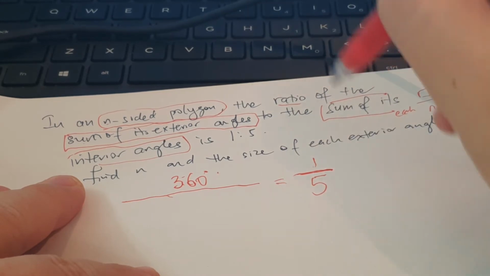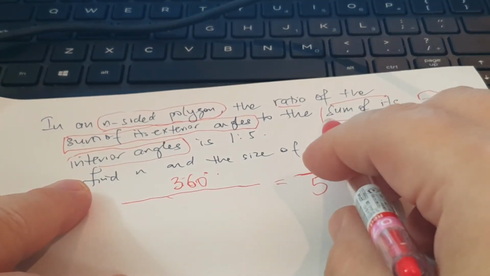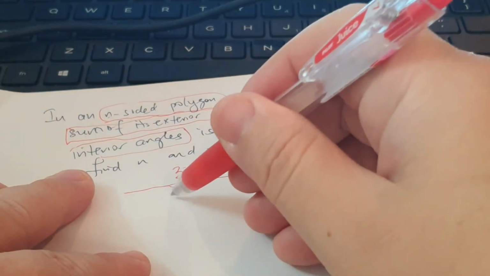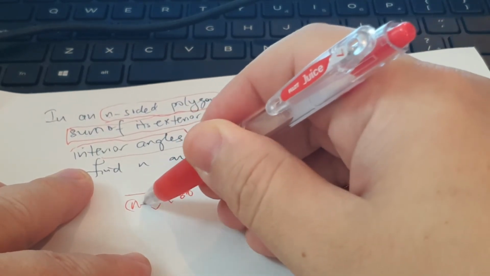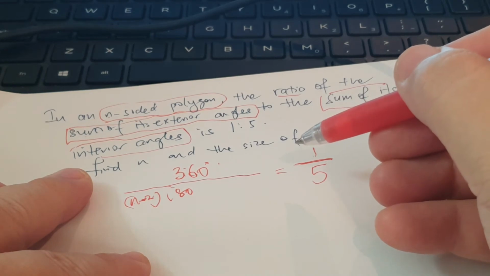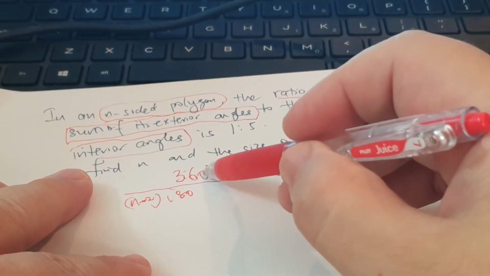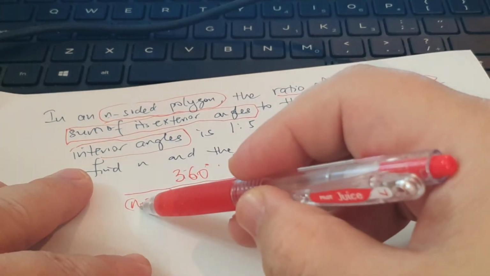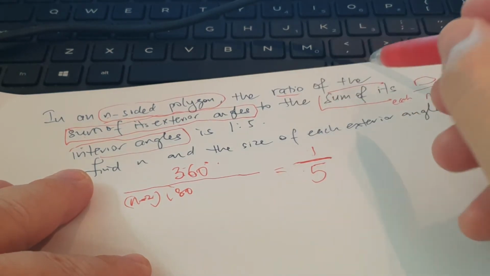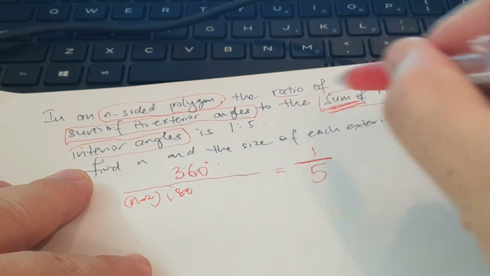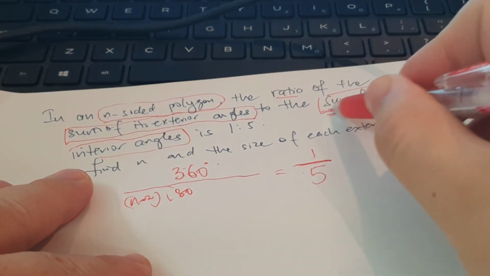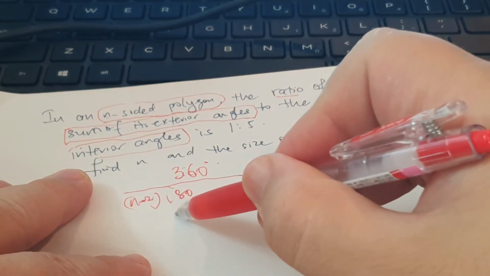Then they say sum of its interior angles. We just learned just now, isn't it n minus 2 times 180? Then n is the only unknown you can solve already. Take note, they say sum. That's why I put sum here. But if they say each, I got to divide by n, correct?